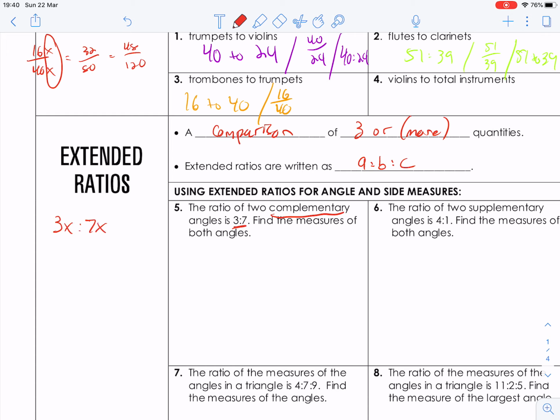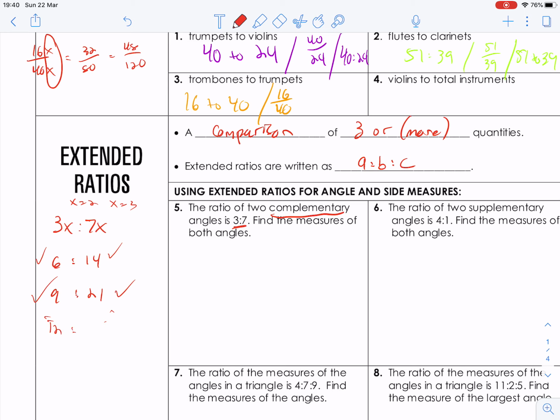If x was 2, it could be 6 to 14. If x was 3, it could be 9 to 21. If x was 1, that would be an angle of 3 degrees and an angle of 7 degrees. We could also have 6 and 14, or 9 and 21.